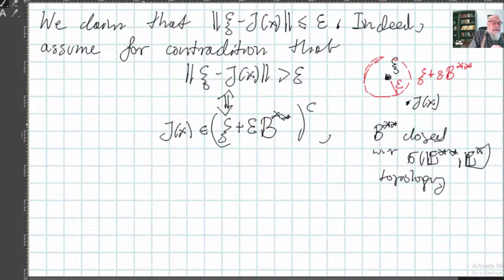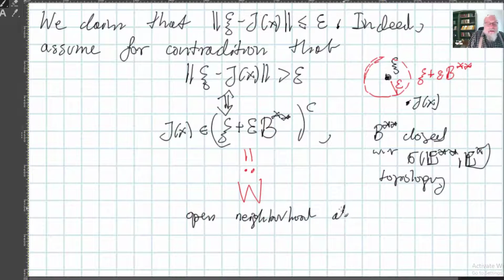Okay, let me make it nice. Call this set W, an open neighborhood of ψ in the sigma E double star, E star topology, meaning the weak star topology.